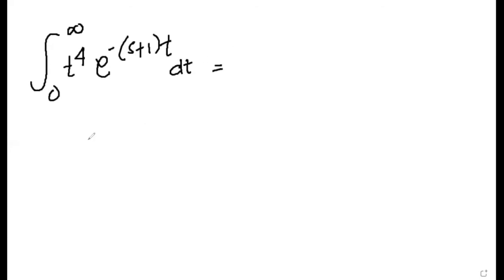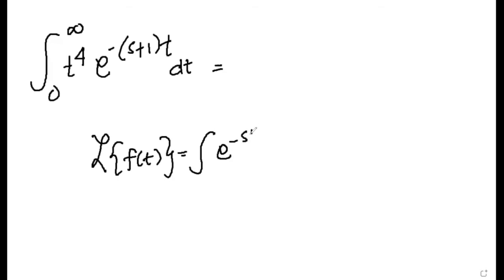Okay, so recall that the Laplace transform of f of t is equal to, by definition, the integral of e raised to minus st times f of t dt with limits from 0 to positive infinity. Now we are going to write this using the Laplace operator.